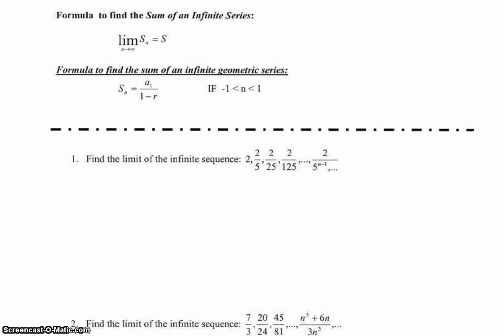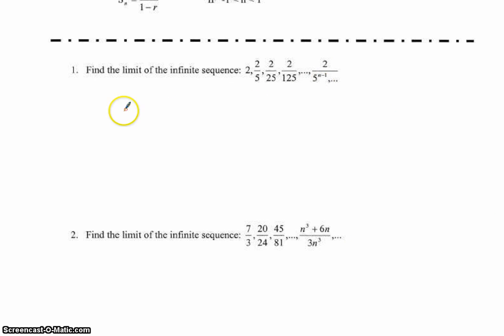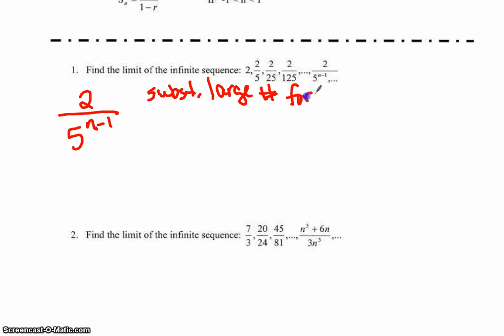Okay, so when they want you to find the limit of the infinite sequence that's given right here, you're going to take this 2 over 5 to the n minus 1, and you're going to substitute a large number for n. So we're going to say like 2 over 5 to the 100 minus 1, which we know is 99, right?